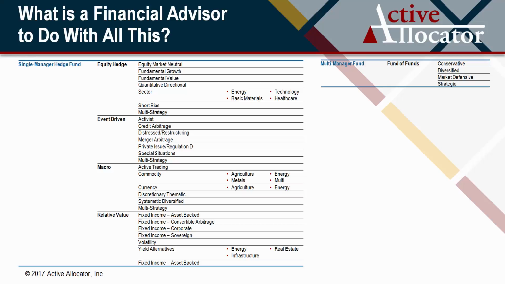Macro funds, who bet on directional movements in stocks, bonds, FX rates, and commodity prices. Relative value funds, which seek to profit from relative mispricing of related assets. Most of us, we suspect, wouldn't know what on earth to do with this menu of choices, which is where Active Allocator comes in handy.